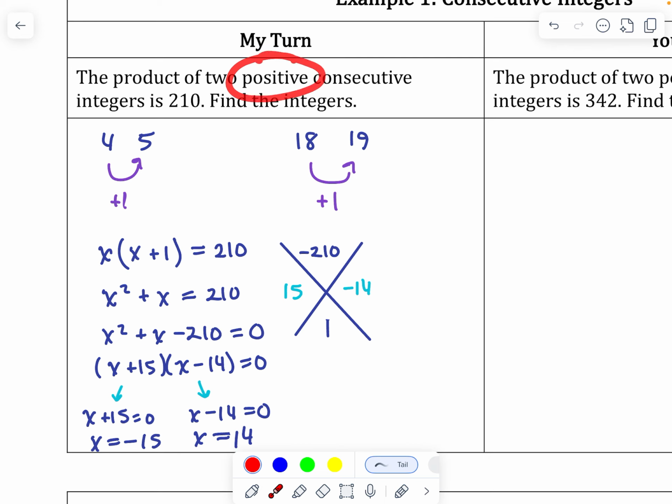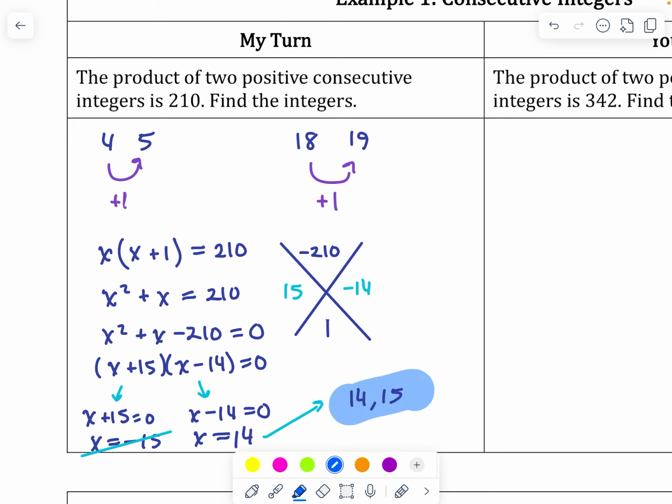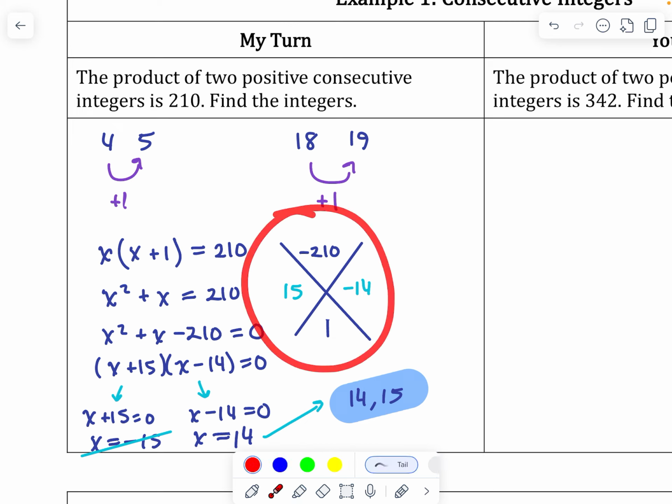The problem is asking specifically for the positive solution, so we're going to throw out the negative 15 and keep the 14. So the 14 is the first of these two positive consecutive integers, which means the second integer is 15. The answer is 14 and 15. And check it: 14 times 15 is 210. We basically did all of that when we factored.